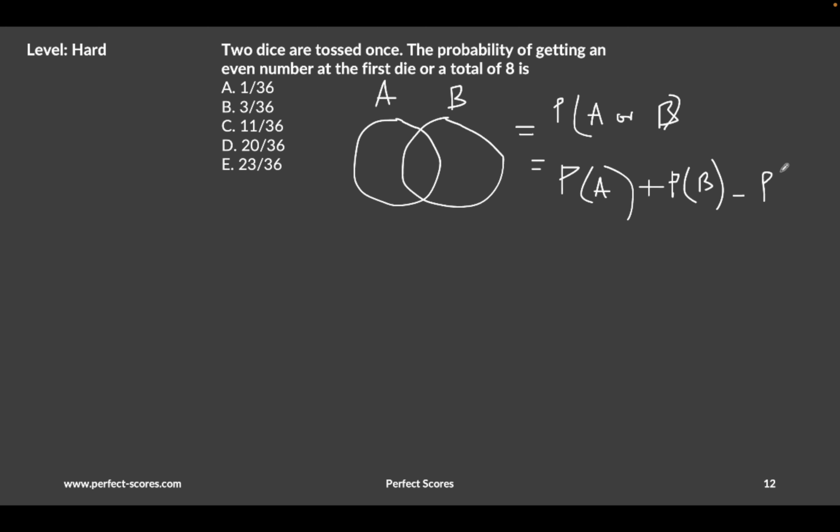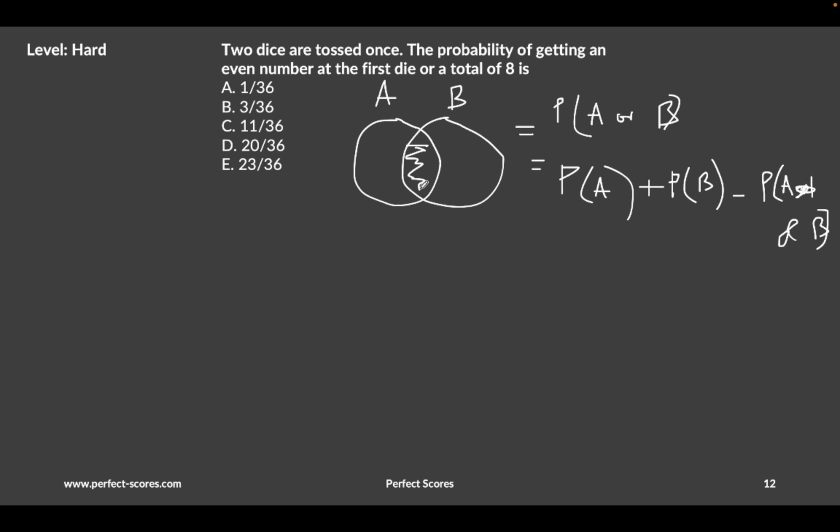Because when you add A and B, you overcount this. You count this twice because you're adding it in A as well as in B. So you've got to subtract it once.